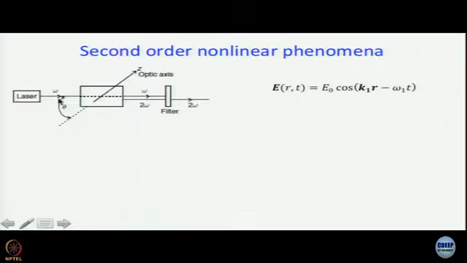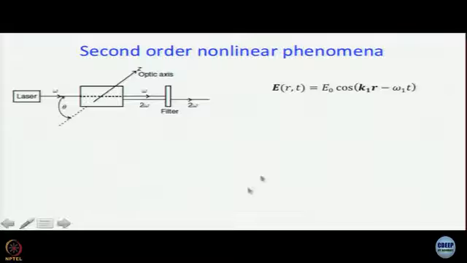You have light from a laser, here written with frequency omega, falling on some nonlinear crystal. We will talk about what the optic axis is in a little while. Then you get omega and 2 omega out, and then you use a long pass filter to get 2 omega out and block omega. In our case, we transmit omega and reflect 2 omega, but you have to use a dichroic.